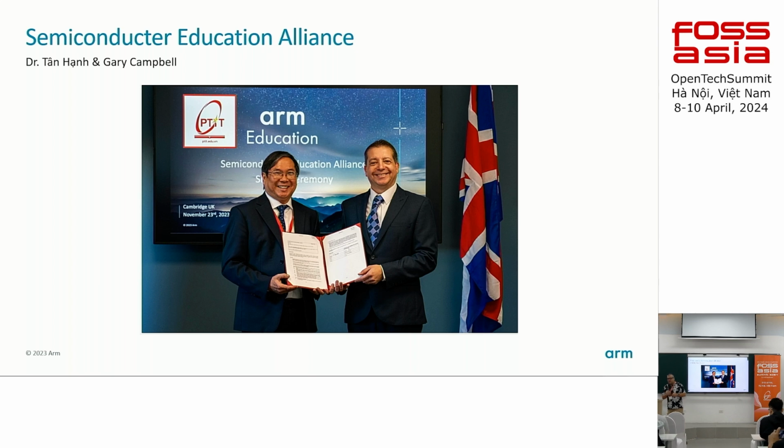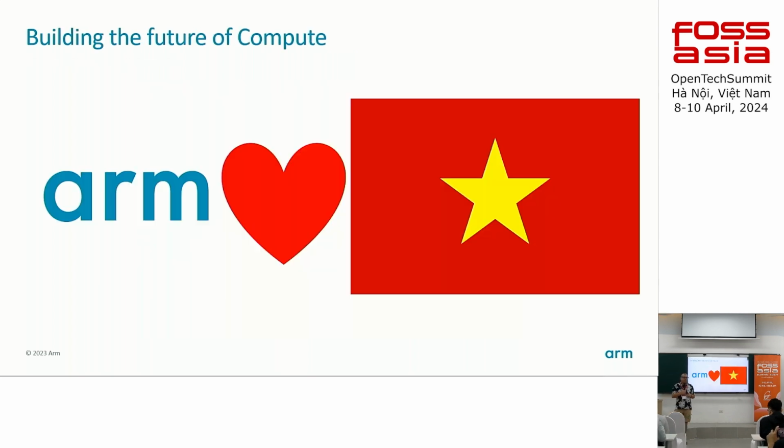What does that mean? It means we're building a future on ARM in Vietnam. And so we're very pleased to see that hopefully in the very near future, the curriculum for computer science and other things will be based on ARM, or at least have ARM included.